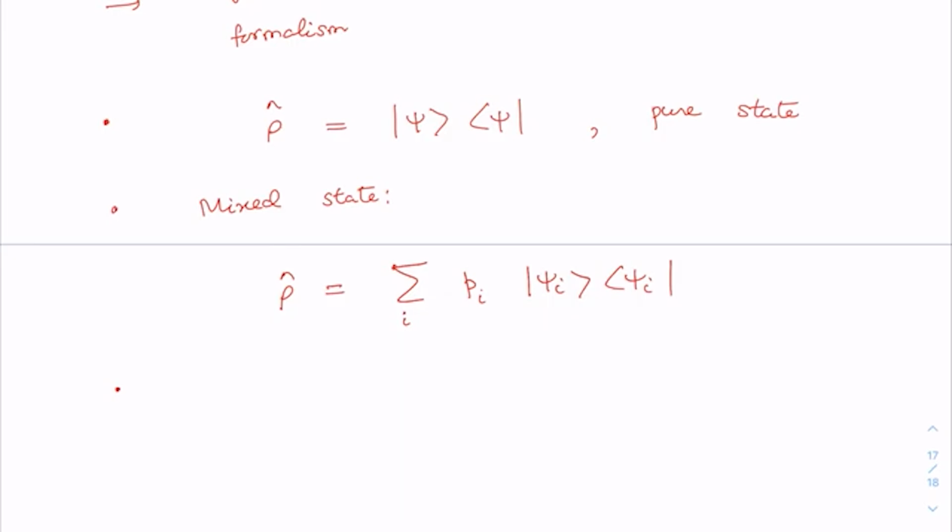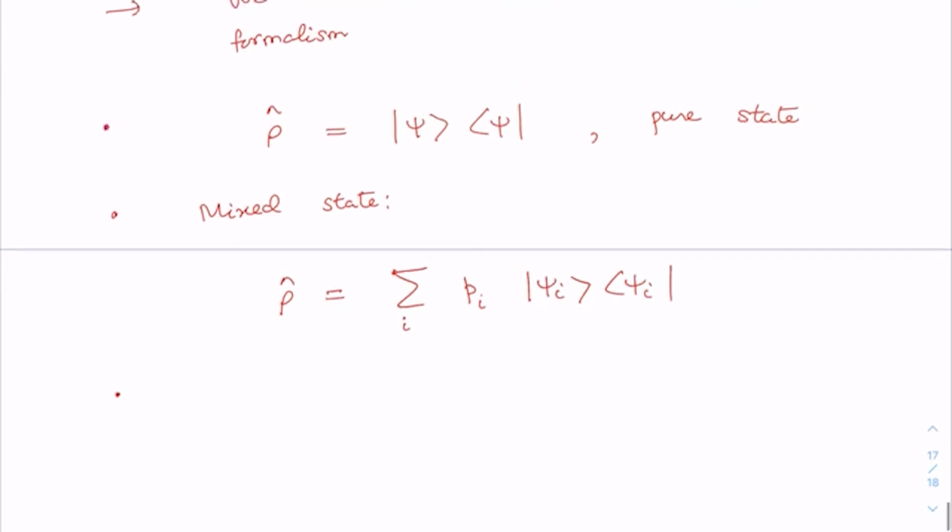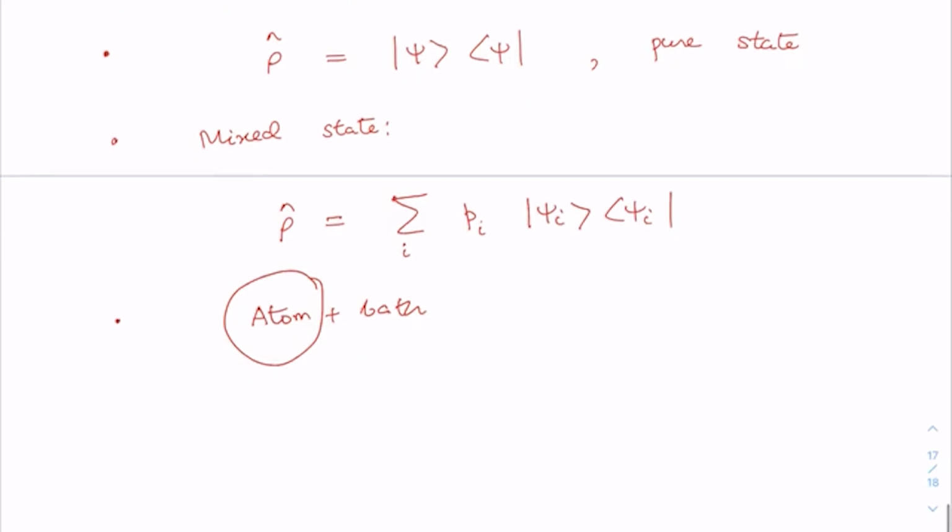In fact, in many situations we want to focus on a particular subsystem only, out of the total system. For example, in this atom plus bath system, we would like to focus on, say, the atomic state only.